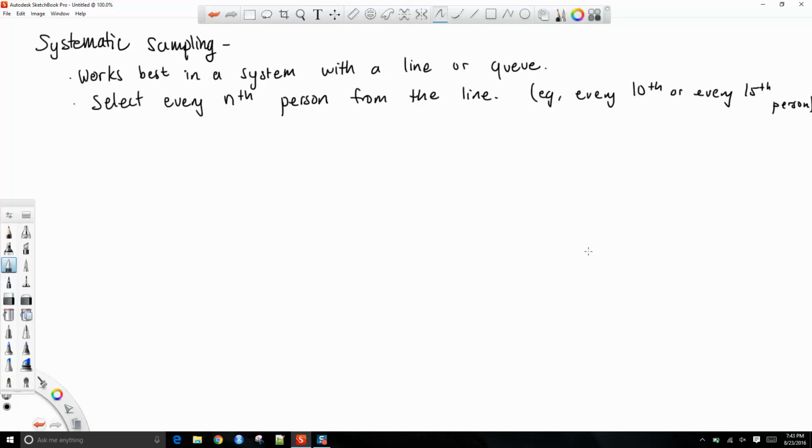So you have things like that for systematic sampling. But if you don't have some kind of system where things are flowing in a nice line, then this won't work very easily.